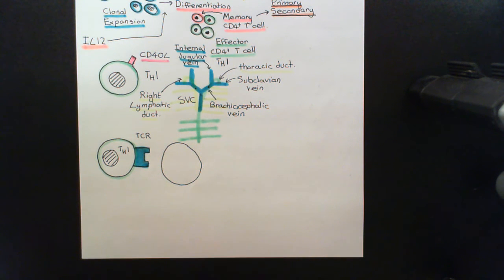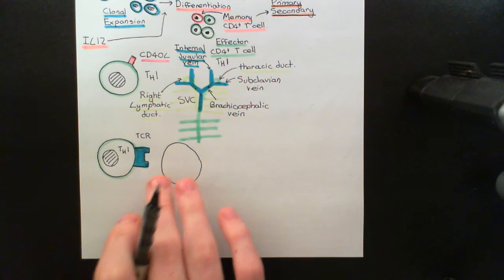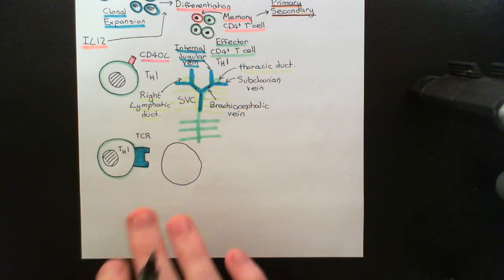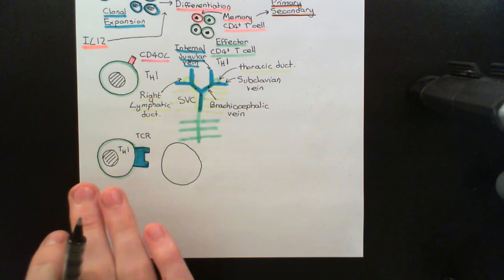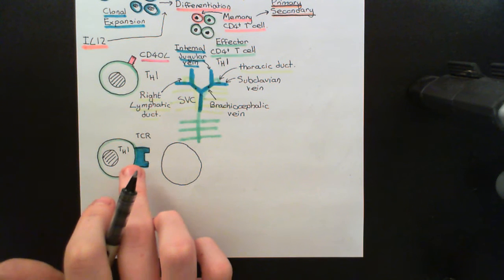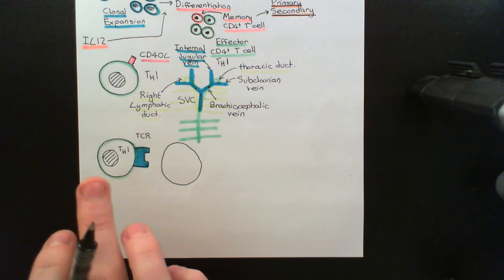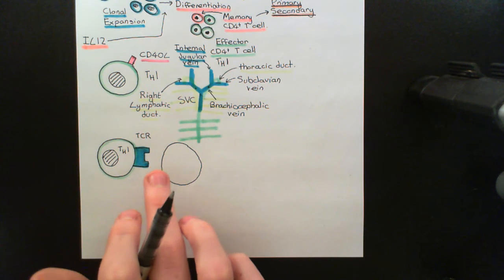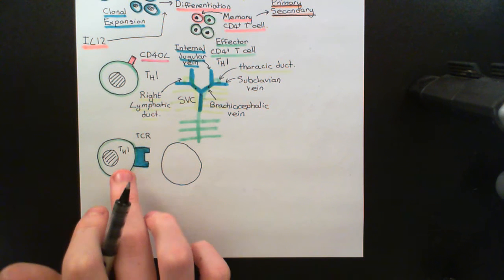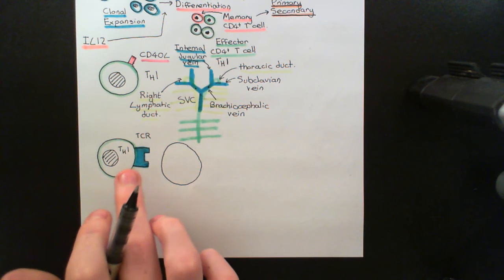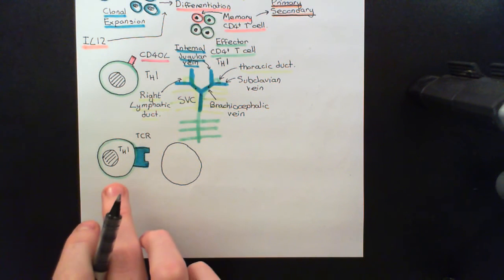And this is the way that the T helper 1 cells recognize which macrophages they should be activating. You see, these T helper 1 cells are targeted against a specific peptide fragment, and they are allowed to activate macrophages that are currently fighting the pathogen which has the antigen that has this specific peptide fragment on.